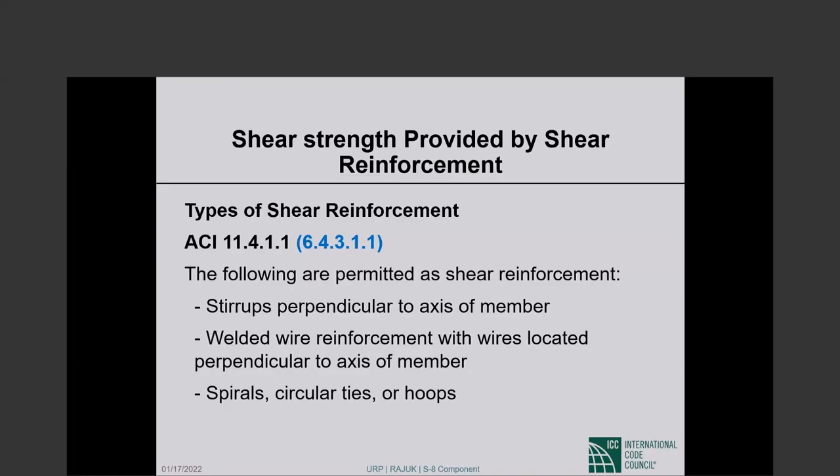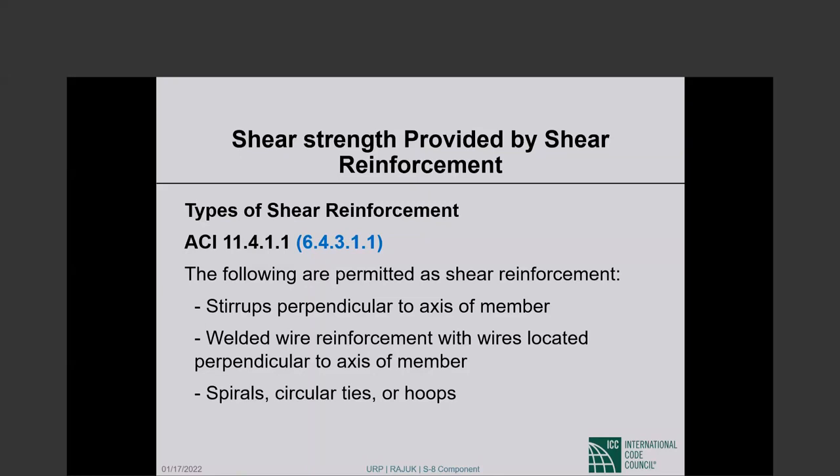So the following are permitted as shear reinforcement. Stirrups perpendicular to axis of member, by far the most common. Welded wire reinforcement, what we used to call welded wire fabric, with wires located perpendicular to axis of member. I do not know if this usage is common in Bangladesh. Here it is not uncommon.